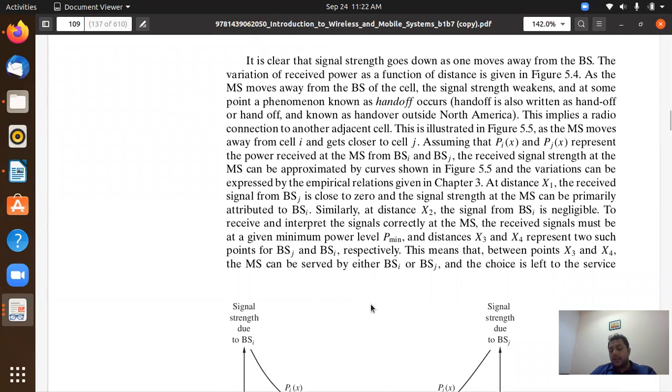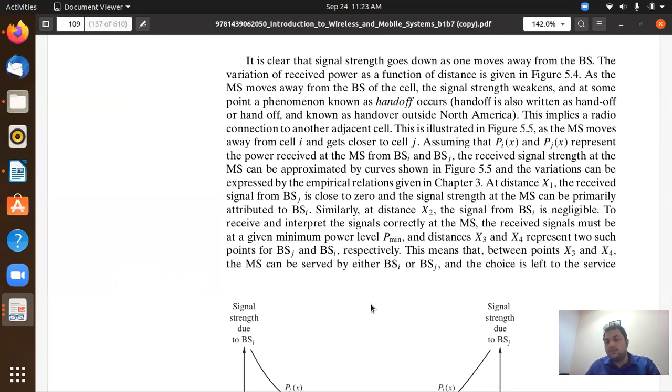Now we will understand the handoff. Handoff means that whenever any mobile user is moving, and there are two base stations which can support the communication, at what time would the transceiver of the mobile station pick the next one?